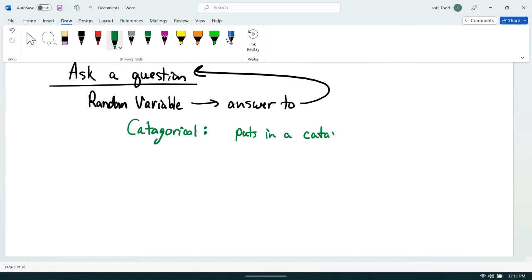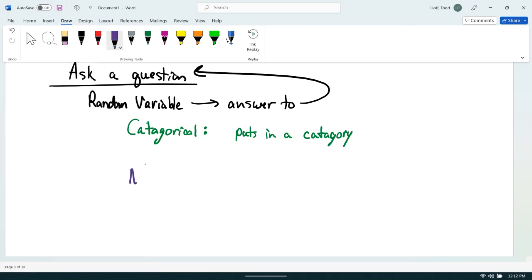If we ask you, what's your favorite color? That puts you in a category of people that like blue or red or pink or purple or green or black or whatever. If we ask, do you support this proposal? Yes or no. All yes or no questions are categorical. You're put in the category of being in favor or against. Who do you plan to vote for? That's categorical. You get put in the category of people that plan to vote for each candidate. Those are categorical questions.